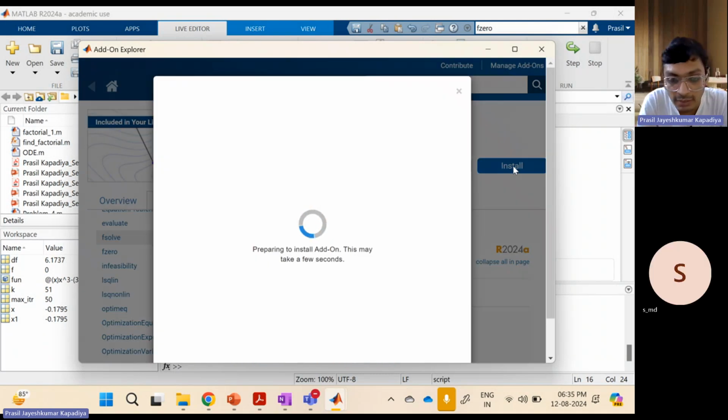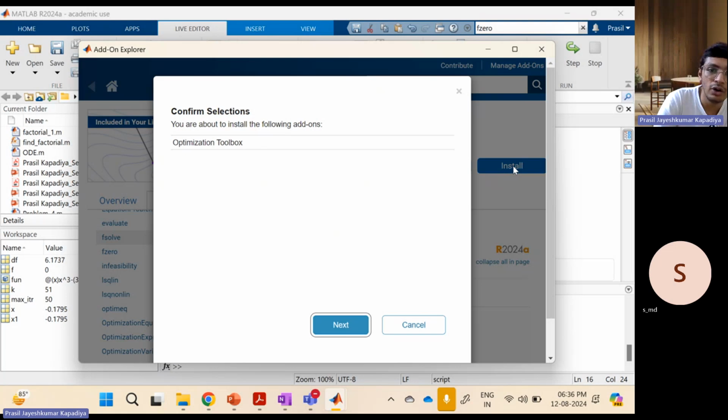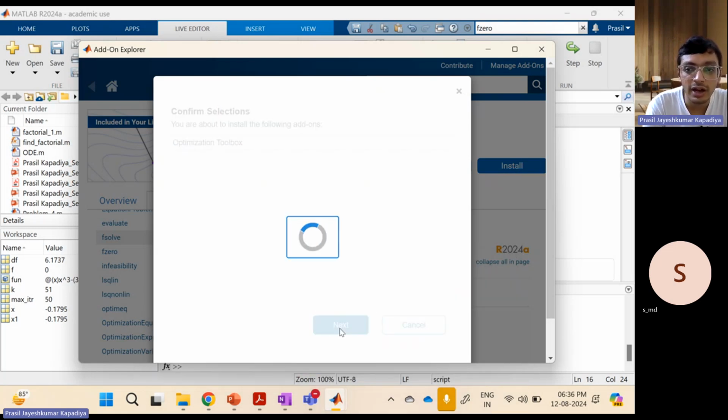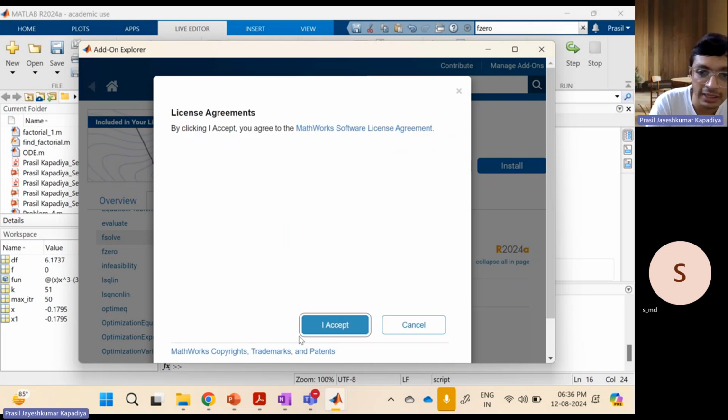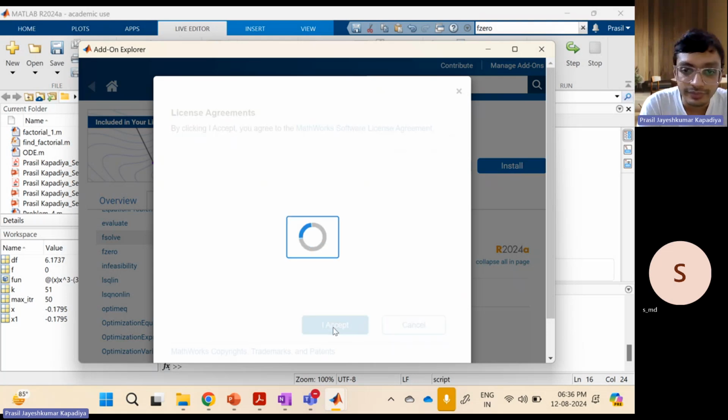Ours is not an optimization problem, but we are finding a solution x when f of x is 0. Whenever you don't have some toolboxes that you did not install while installing MATLAB, because I just chose the MATLAB basic functions, so I did not get all these options, there is no need to worry. Whenever you need it, it will show that this toolbox is not available and you can directly install it.